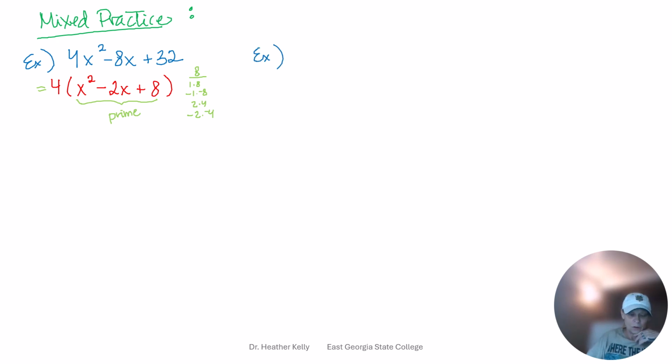Okay, let's look at another one here. Let's look at this 3y cubed minus 18y squared minus 48y. This one also has that greatest common factor that we need to pull out, and it looks like we can pull a 3 and a y out, and we'll be left with y squared minus 6y minus 18.